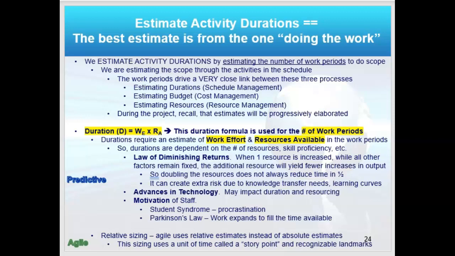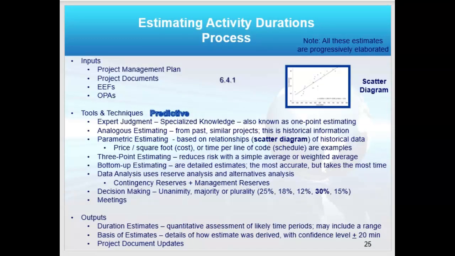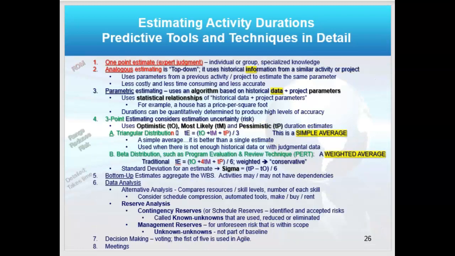So just know that they do relative sizing using story points, okay? So when we estimate the durations, we have inputs, tools and techniques, and outputs. And there are a number of ways to estimate. Let's go over them over the next couple of slides.